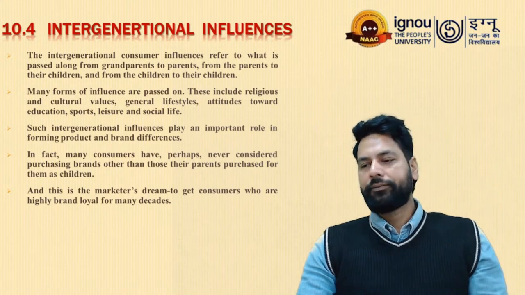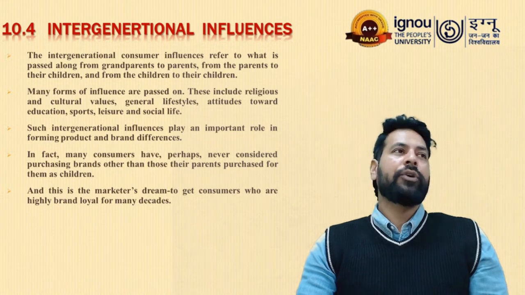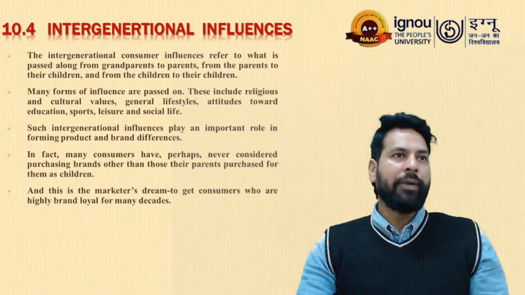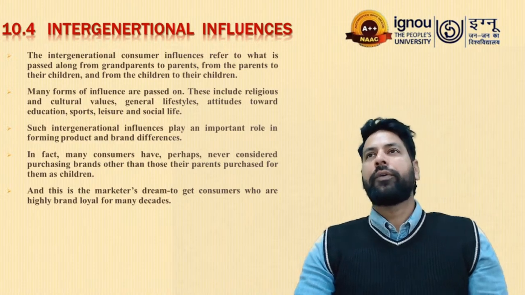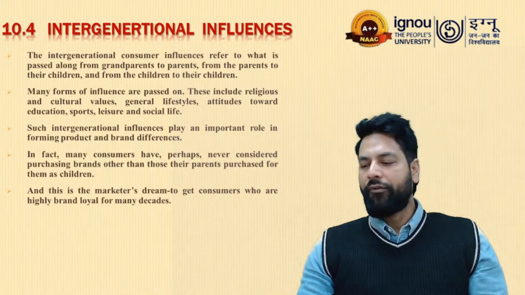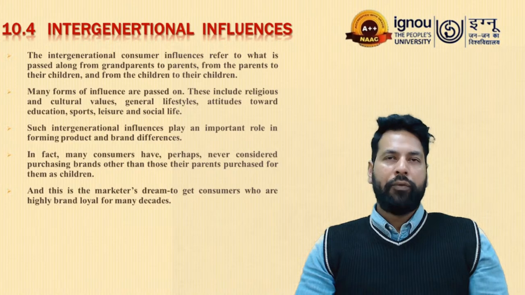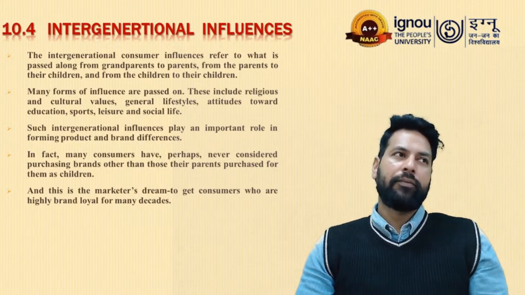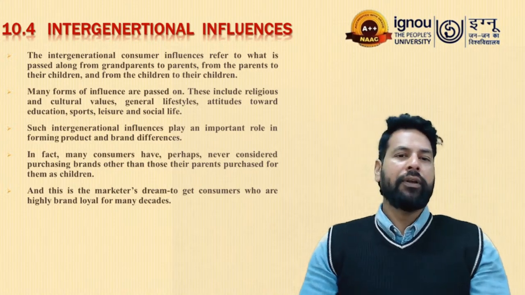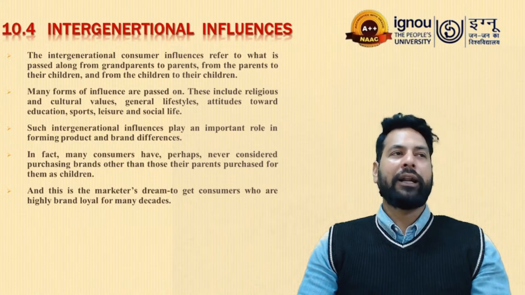Now, I was giving an example that I tend to purchase things which I have seen in my home, which were purchased by my parents, because I have been influenced by seeing the value of those things. And obviously my parents, who are the biggest influencers on my life, I have seen them purchasing, so I also tend to make that purchase.